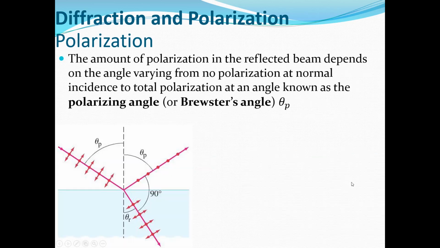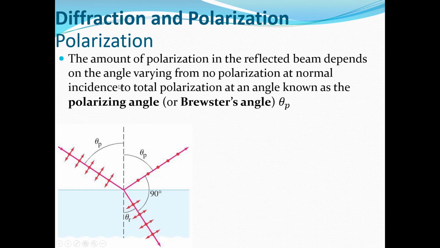This is also the concept behind things like polarized glasses and anti-glare shields, which get rid of all this excess glare caused by the reflection of light bouncing off of non-metallic surfaces.